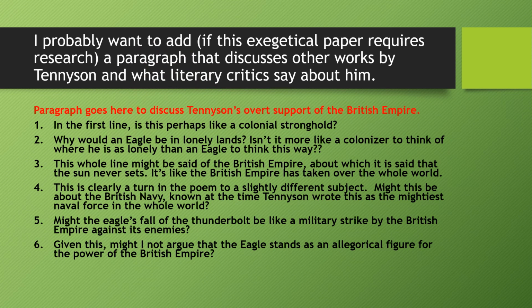I would include that probably in a paragraph before I dove into the poem. That would be my own choice. Another writer could choose to put it in another place, but it might belong there because my claim is that he talks about overt support for the British Empire in multiple works.